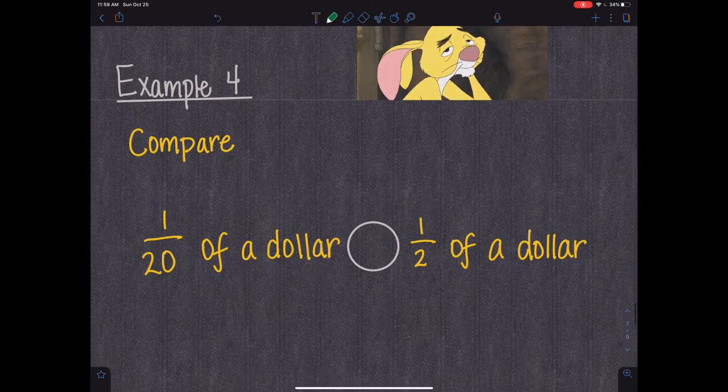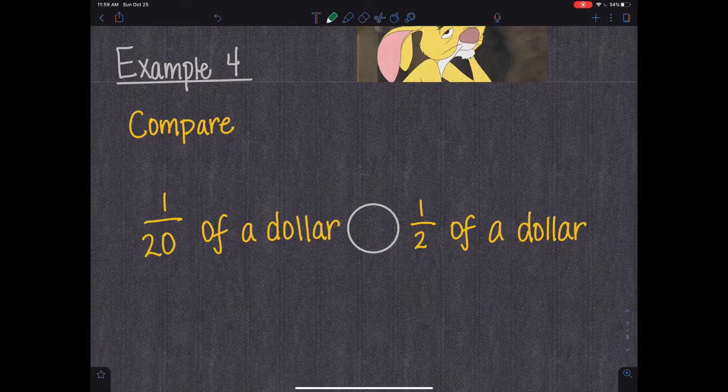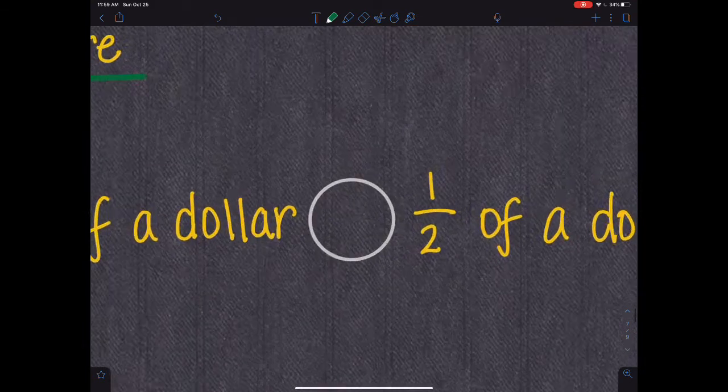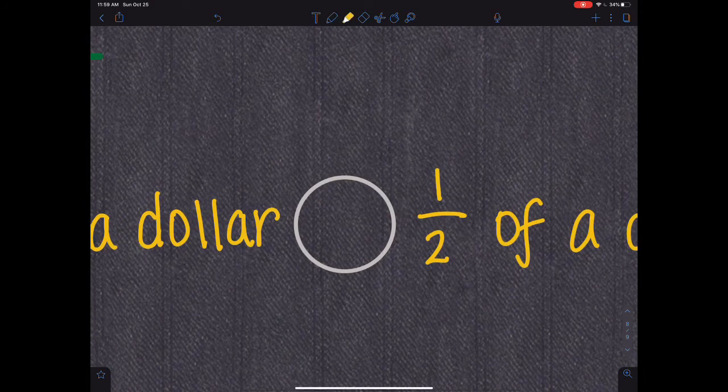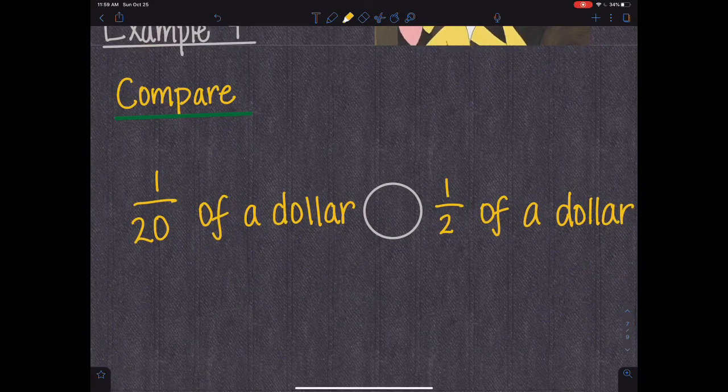All right, example 4 changes things up, so it's a little different because they want us to compare, okay? And the two things that we're comparing, and see this circle, they want us to put either a greater than sign, a less than sign, or an equal sign. It's going to be one of those. So let's see what goes there. On the left-hand side, we have 1/20th of a dollar. So how much is that if you have 1/20th of a dollar?